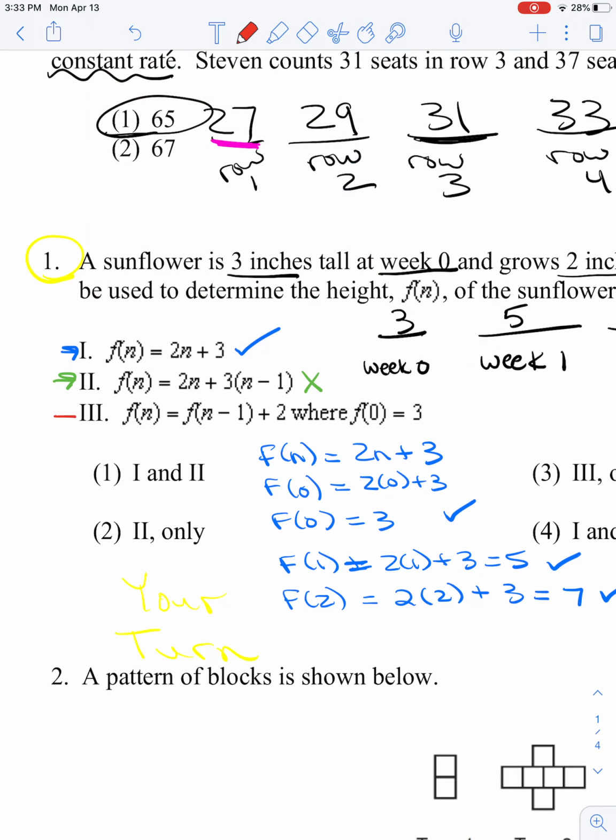Now I'm going to look at choice 3. So choice 3 is a recursive formula. We talked about that a little bit earlier. And they're telling me here that at week 0, my plant would be 3 inches tall. So that looks good. And then they're telling me to get from the term that I have to my next term, I would add 2.